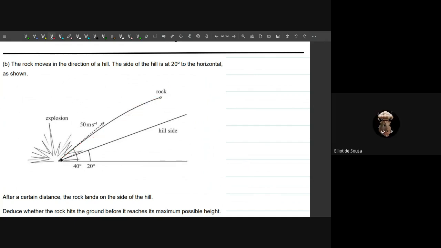And here we have a linear equation. Sometimes we will have the interception of this situation. I don't know if it's before or after the maximum possible height, but is this a possibility here?